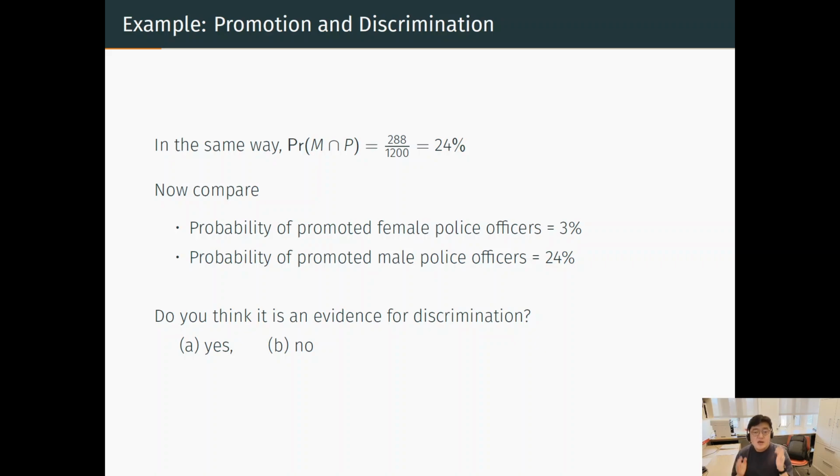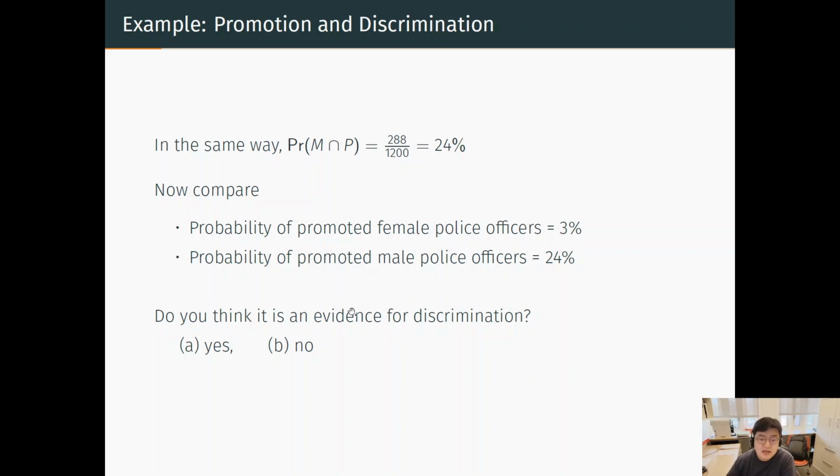So the calculation is easy, the algebra is super easy. Now let's interpret this. What we just calculated is that the probability of a promoted female officer is 3% and of a promoted male officer is 24%. So it's 8 times more than that of females. What do you think?